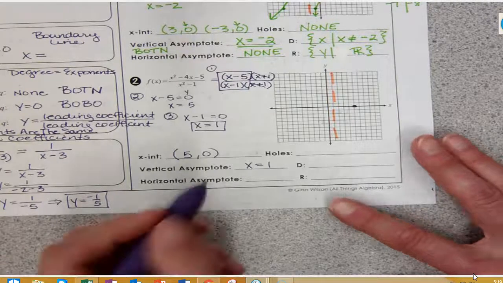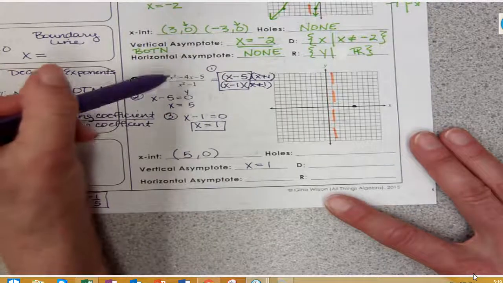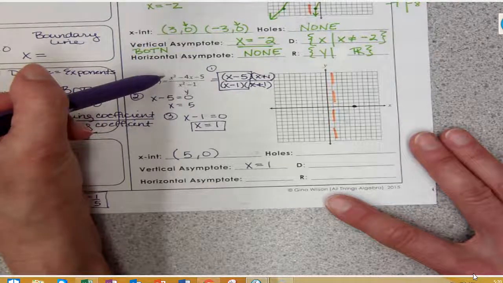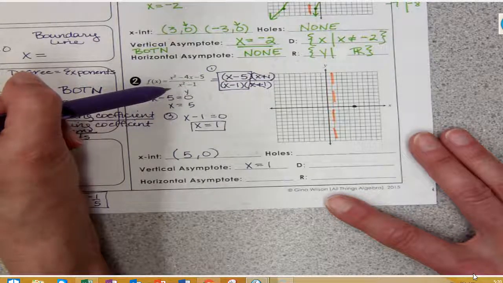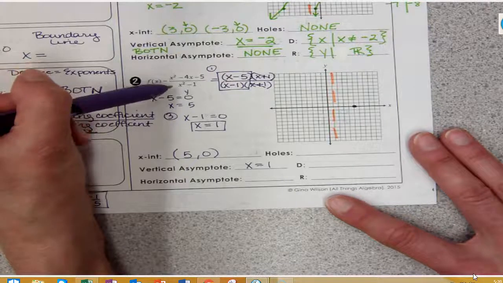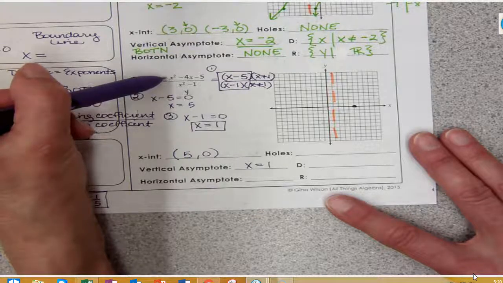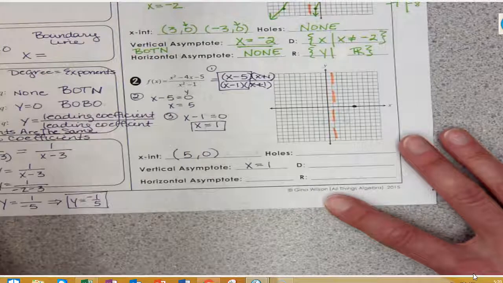Then I'm going to look at my horizontal asymptote. I've got a 2 as my largest degree on the numerator, and 2 is my largest degree on my denominator. So if I'm thinking Bobo Baden eats DC, is it bigger on bottom? No. Is it bigger on top? No. Are the exponents the same? Yes. We've got a 2 and a 2. When the exponents are the same, we're going to eat DC, right?